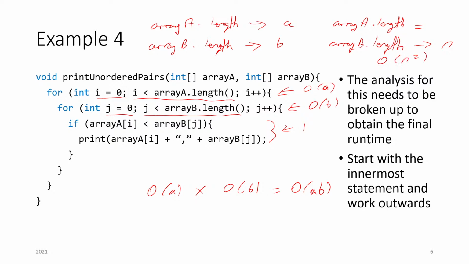But that's only because we have some knowledge of the arrays themselves. If we don't, we must treat them as independent variables. So that's why we end up with an A variable and a B variable for the lengths of array A and array B, and then we just apply the standard rules for nested loops, that the orders multiply with one another. That's how we got O of A multiplied by B, or O of AB.